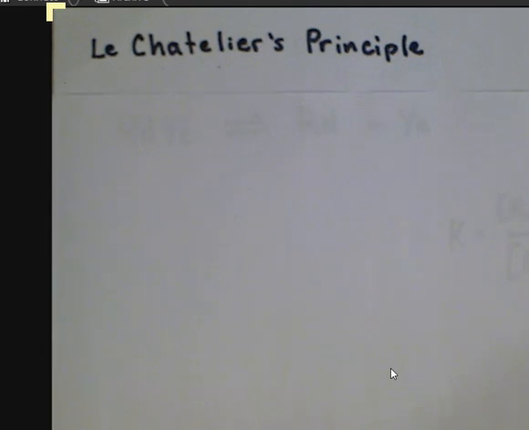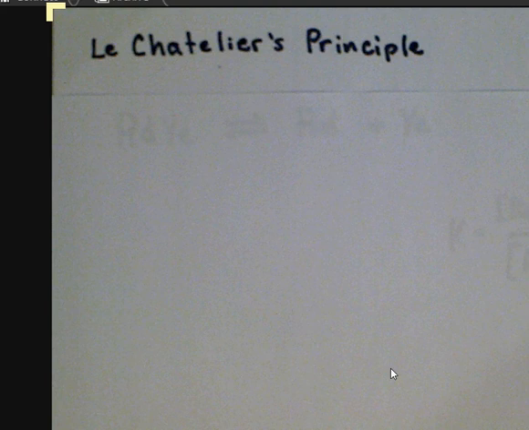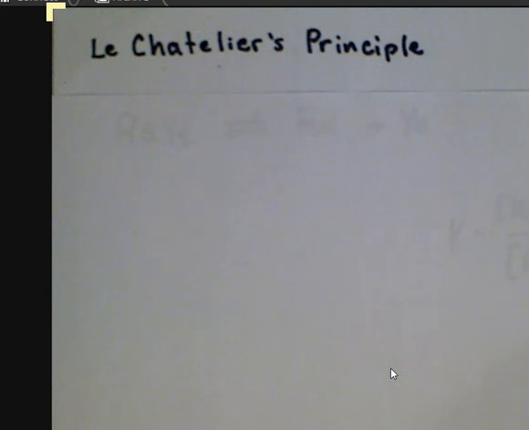This is in your text, section 15.9, which begins on page 703. I would highly recommend that in addition to watching this video, you take a few minutes and read through that section. It should be helpful to supplement this, and again some more example problems and things like that to help you guys out.